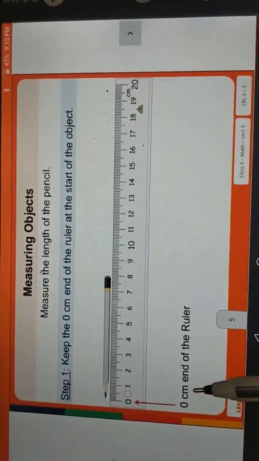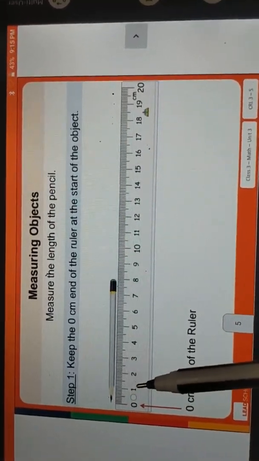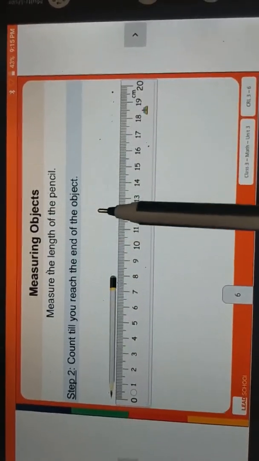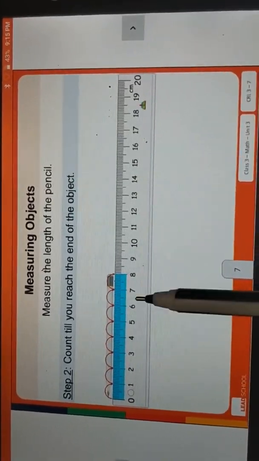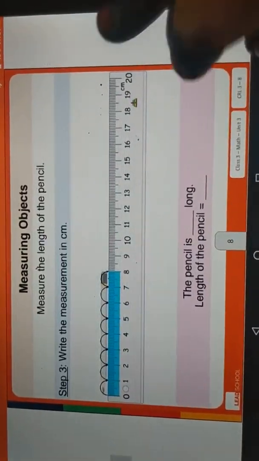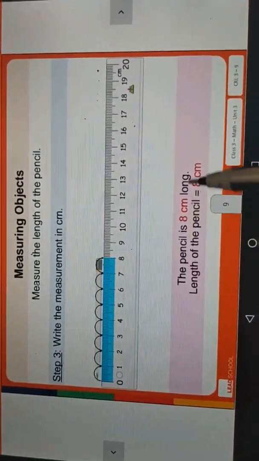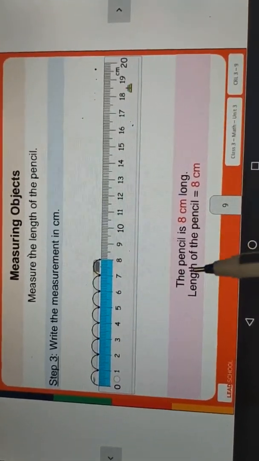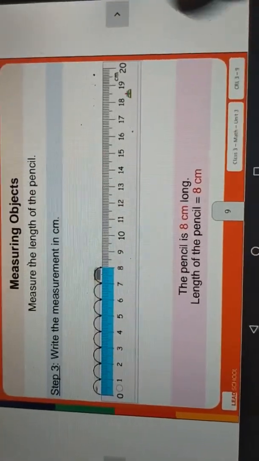So students, let's count till the end of the object: 0, 1, 2, 3, 4, 5, 6, 7, 8. So the pencil is 8 centimeter long. Length of the pencil is 8 centimeter. Got it students?